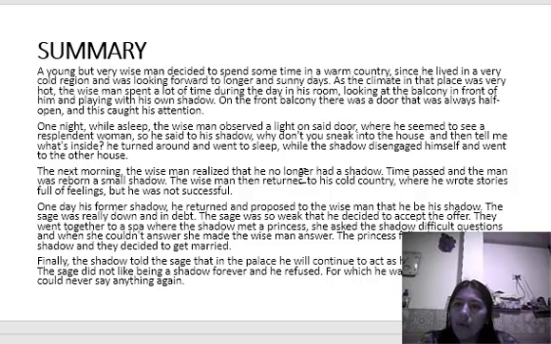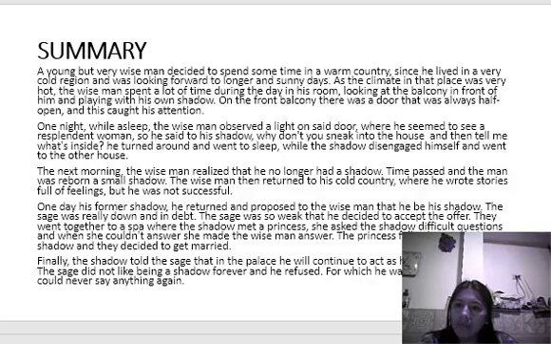One night, while asleep, the wise man observed a light on said door, where he seemed to see a resplendent woman. So he said to his shadow, "Why don't you sneak into the house and then tell me what's inside?" He turned around and went to sleep, while the shadow detached himself and went to the other house.